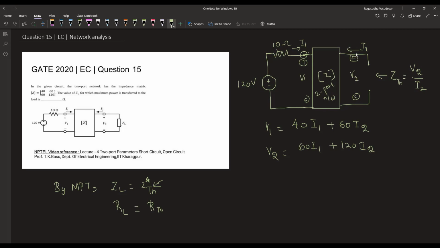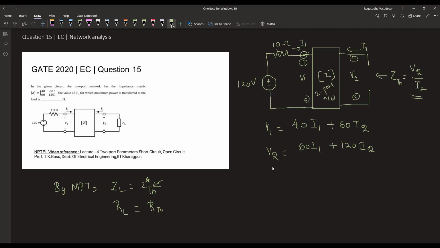The voltage at the second port is V2 and the current that is traveling into the second port is I2. Therefore, the Thevenin equivalent resistance will be V2 divided by I2. If we find out V2 by I2, we can say that when the load resistance is equal to V2 by I2, maximum power will be transferred to it.